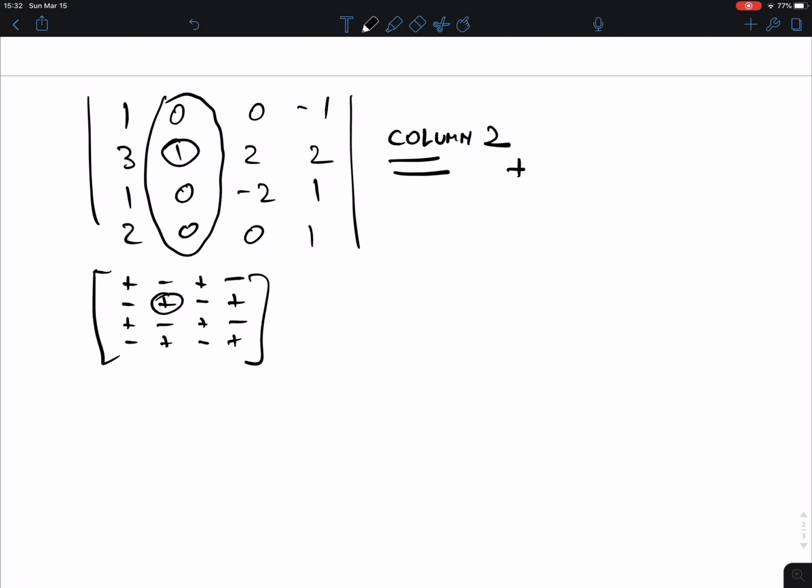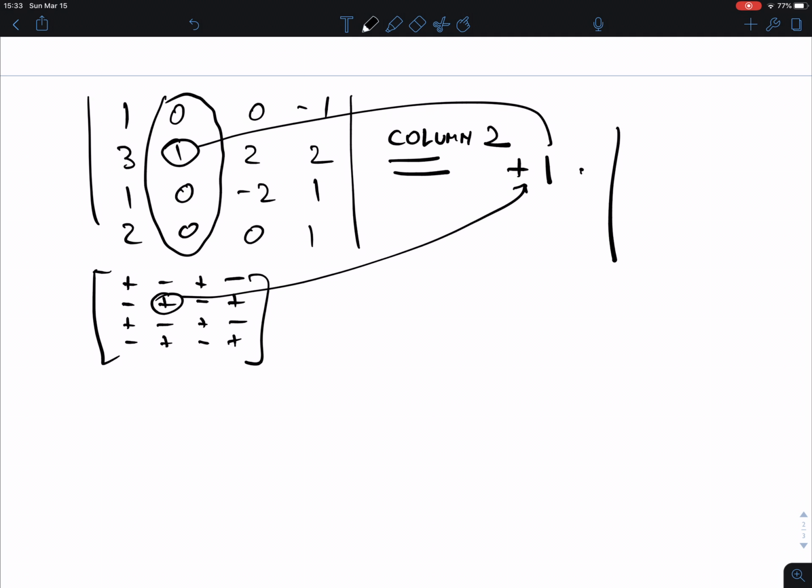So we have a plus, just to emphasize this here, 1, that's this element, times, and what's the matrix left? Since there's only one element, I can scratch this out. What is left is 1, 0, -1, 1, -2, 1, 2, 0, 1. Okay, we have now a 3 by 3, we do the same thing, but again, there's a good choice.